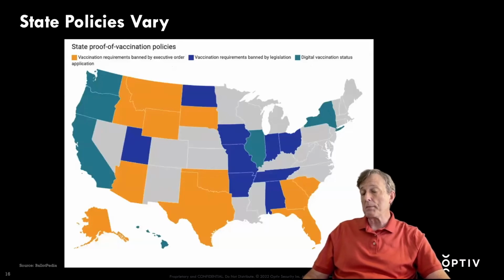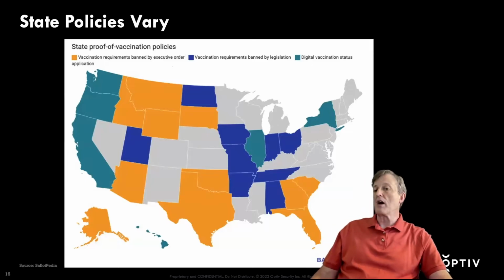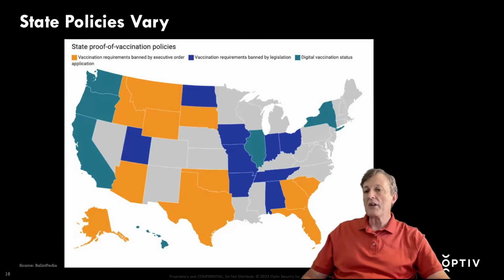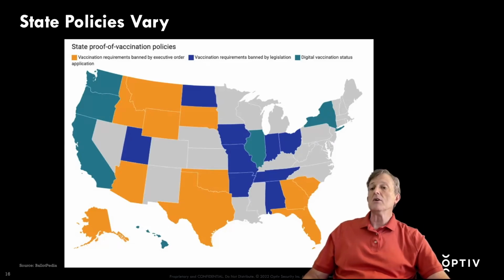And they had to jump in because of a huge variance in proof of vaccination policies in the United States, right? Some states explicitly banned any sort of governmental checking of vaccination status. Other states actually implemented their own.